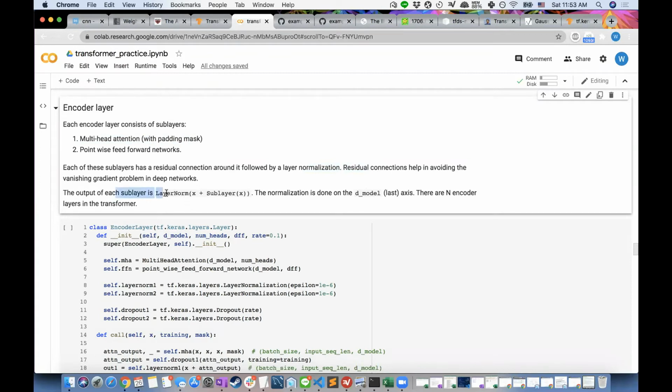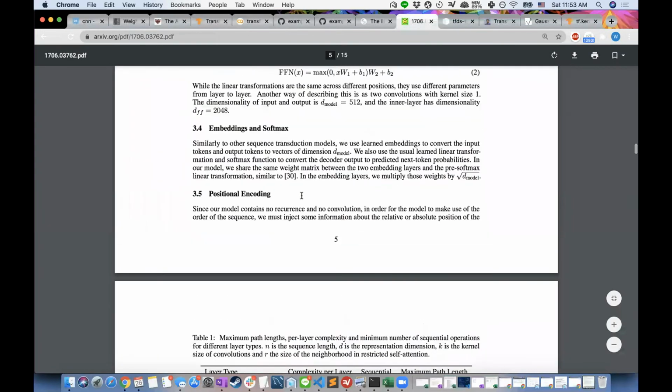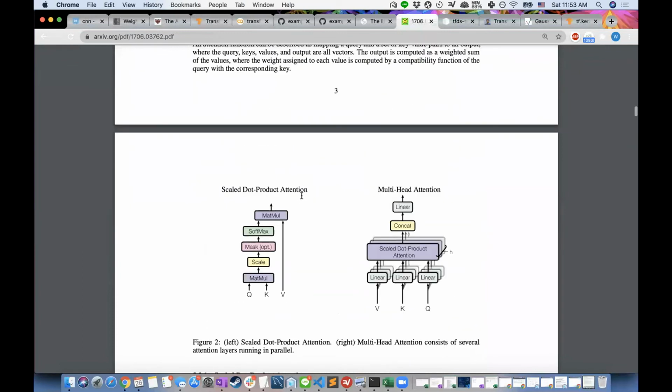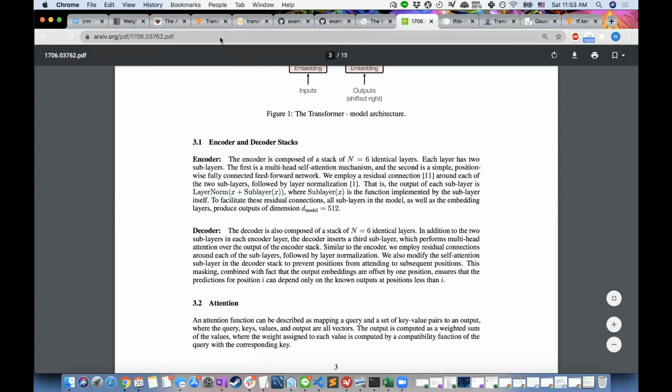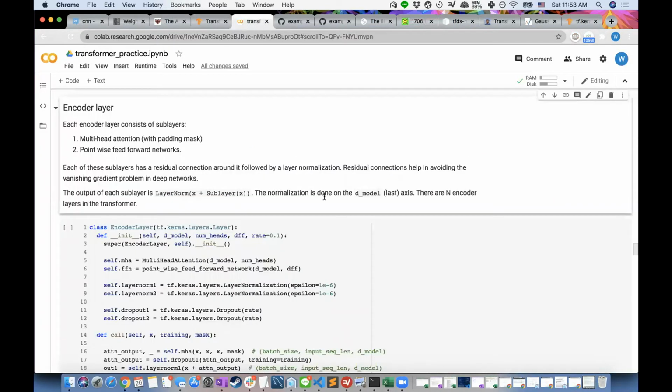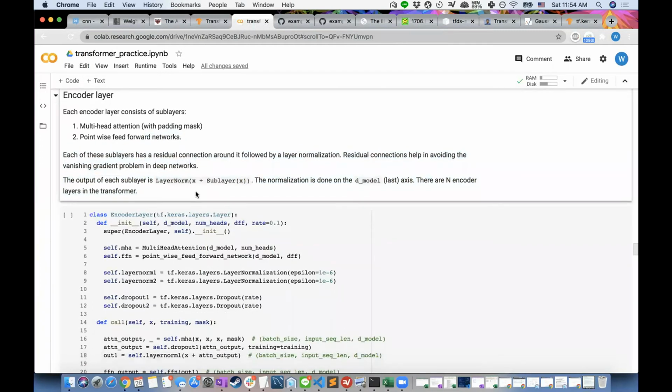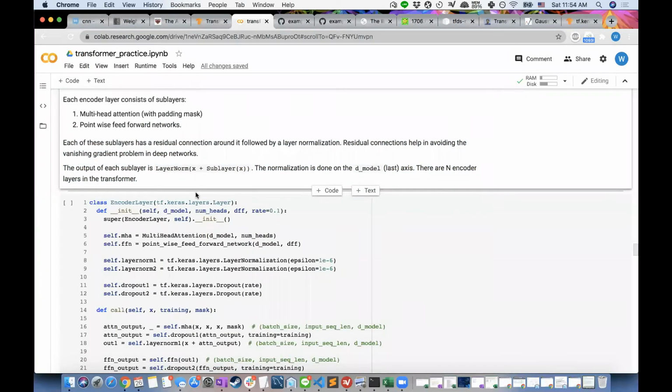The output of each sublayer is layer normalized, which refers back to the paper right here. The normalization is done on the D model axis, the last axis. There are n encoder layers in the transformer, and in this case, n is equal to 6. The decoder is also equal to 6.